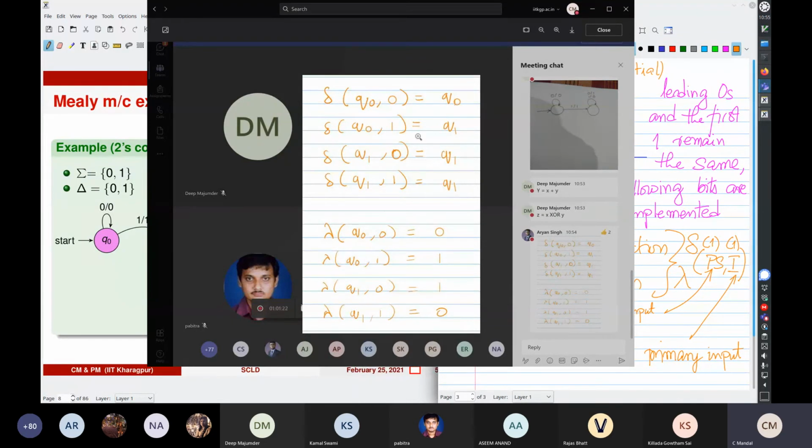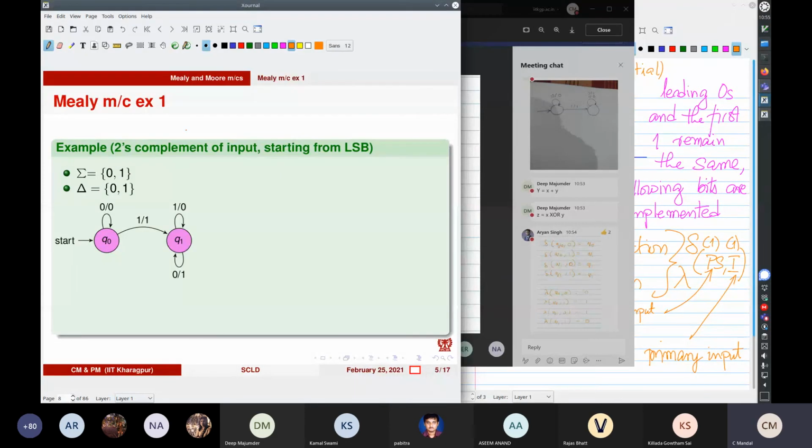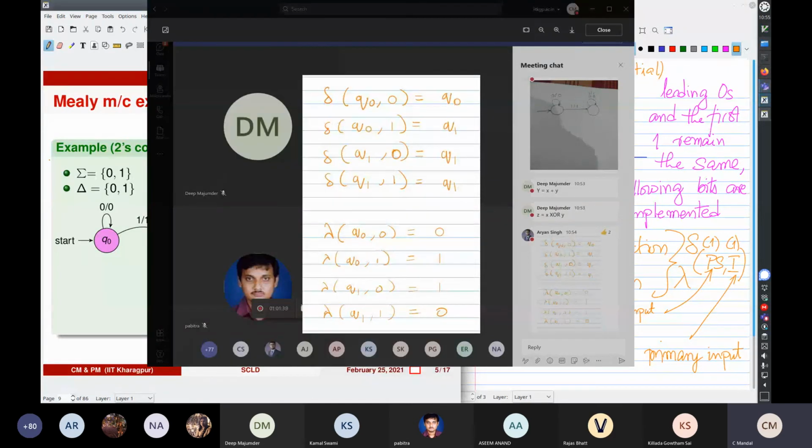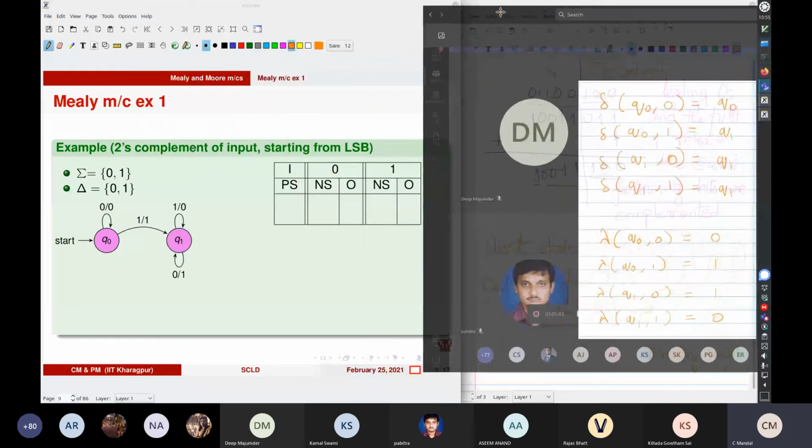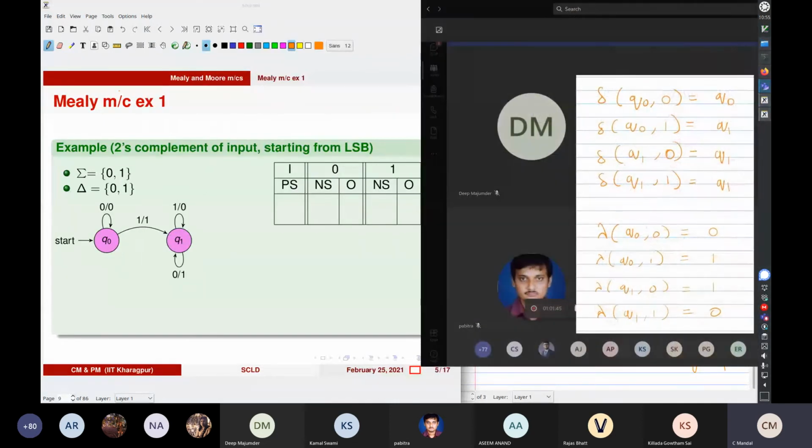I hope all of you are okay with this. Here he has written it this way. This is fine, but it's a little more convenient to write it in this form. This is the usual form. It's the same actually, but this is the way it is usually written.